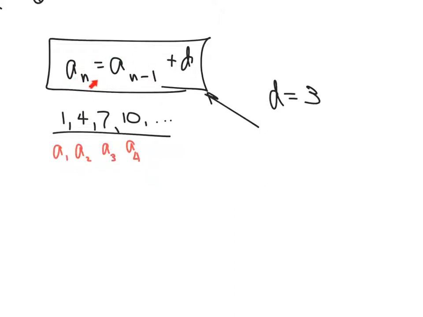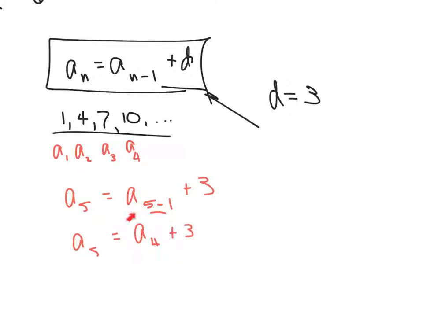So this here means whatever number you're looking for. Let's say that we're looking for the fifth number. So I'm going to say it as a sub 5, and that's going to equal a sub, the one before the fifth one we're looking for, 5 minus 1, plus the common difference. So the way I would find the fifth number is I would find the fourth number, 5 minus 1, and then add 3 to it.